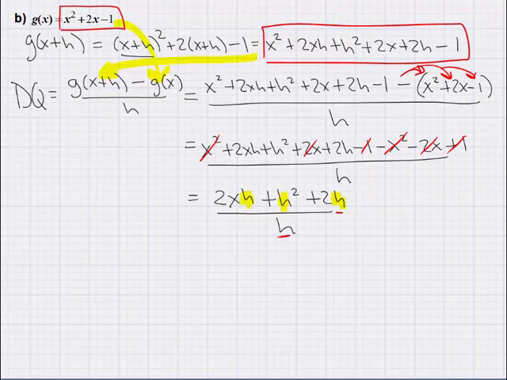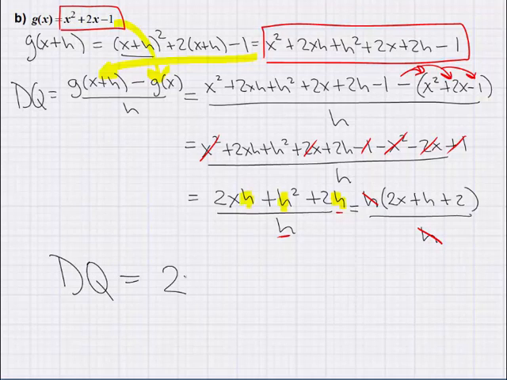But what I can do is, since they all have an h in them, factor the h out, have 2x plus h plus 2 all over h, cancel these two h's now, and then what I have is my difference quotient is 2x plus h plus 2. And you see, we don't just get a number in this one. What I get is this function of two variables, or this algebraic polynomial.